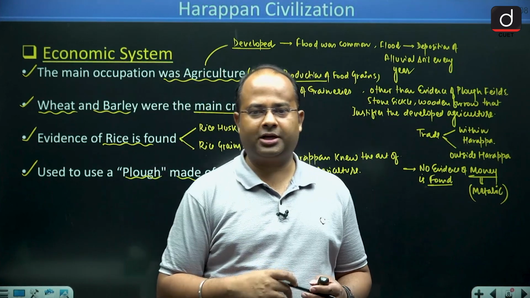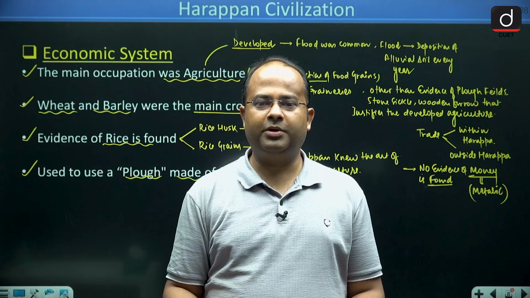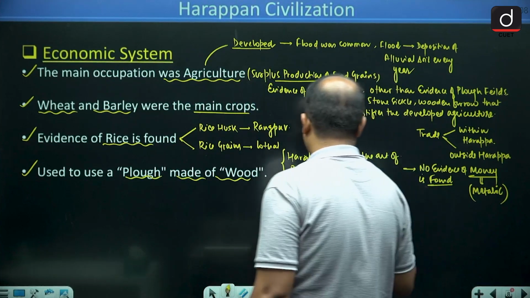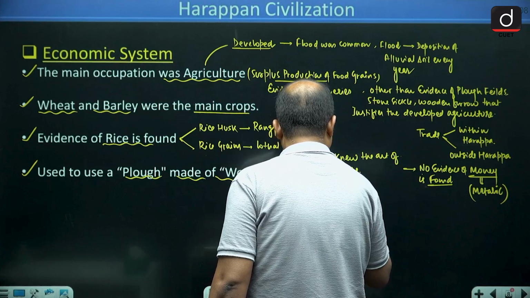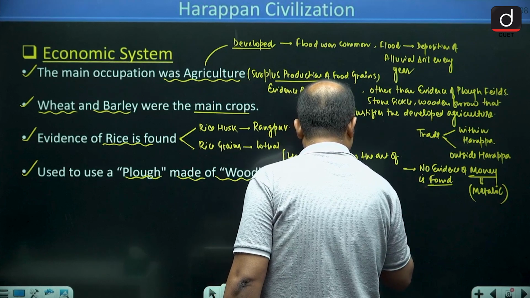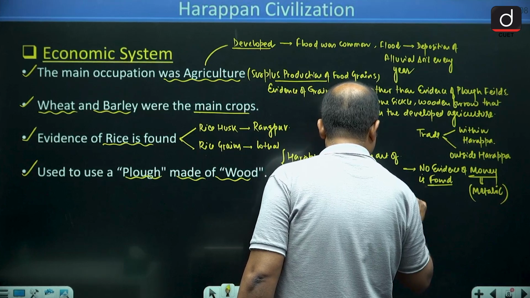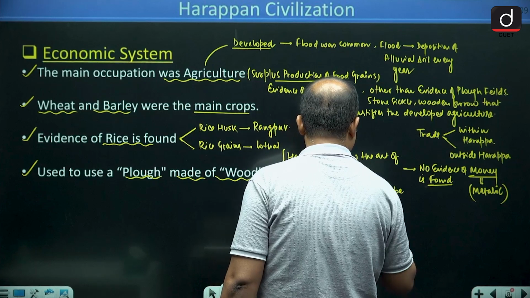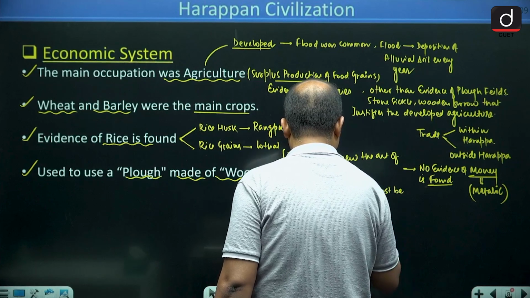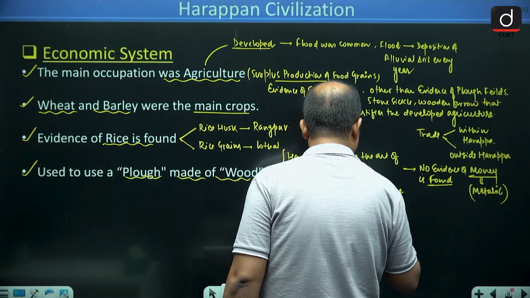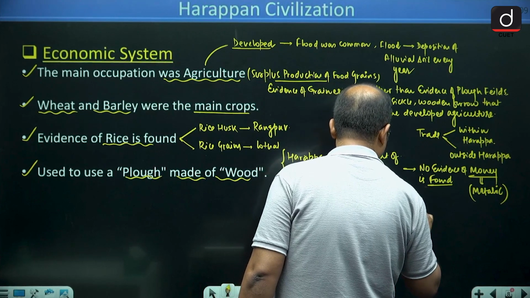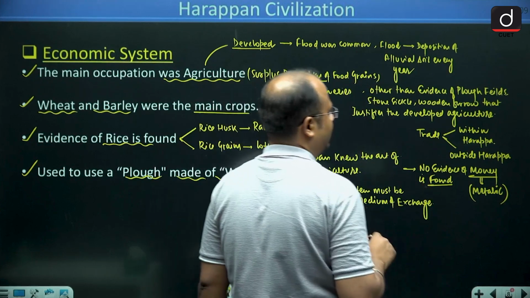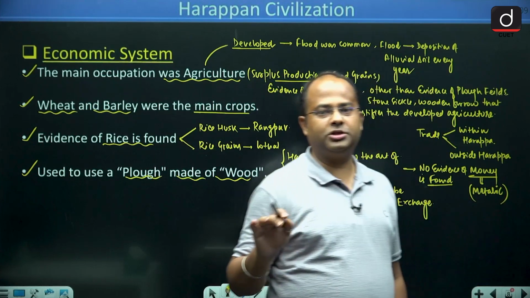So historians concluded that the barter system must have been used as a medium of exchange, because there is no evidence of money.